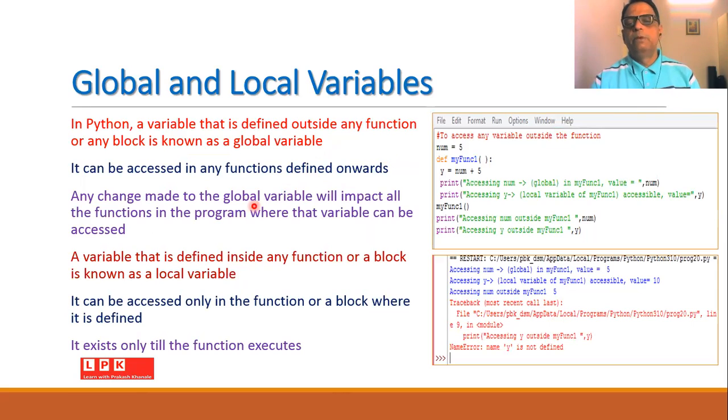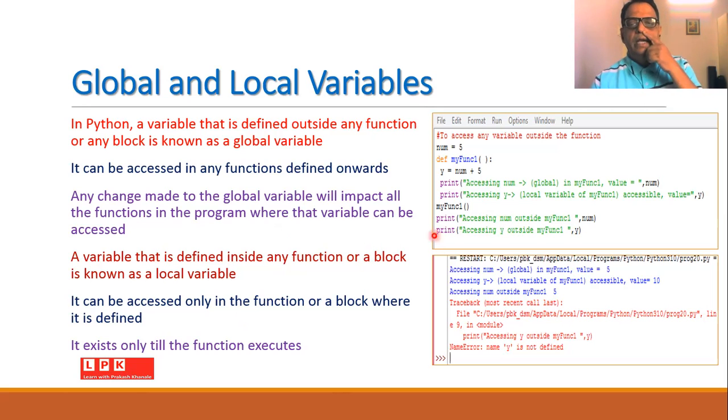Any change made to the global variable will impact all the functions in the program where that variable can be accessed. A variable that is defined inside the function body or inside any block is called a local variable. It can be accessed only within that block where it is defined, and it will exist only till the function executes.